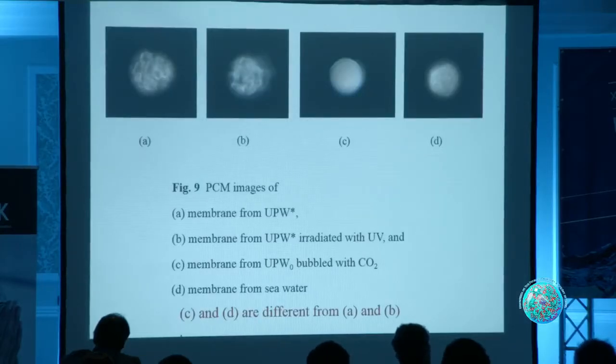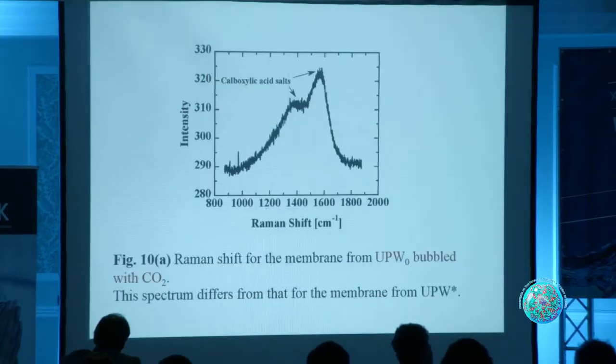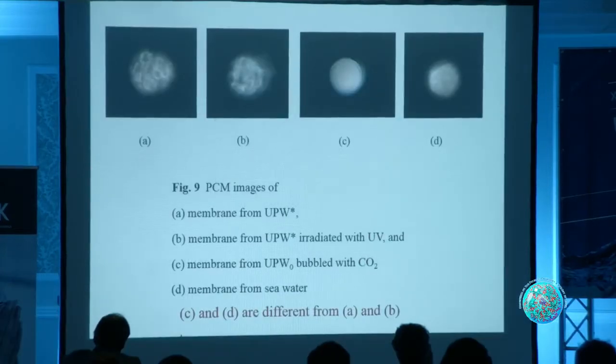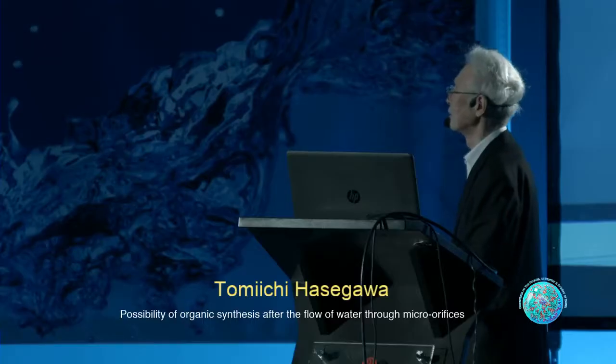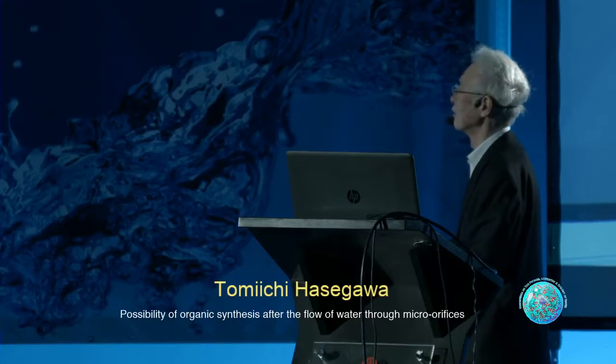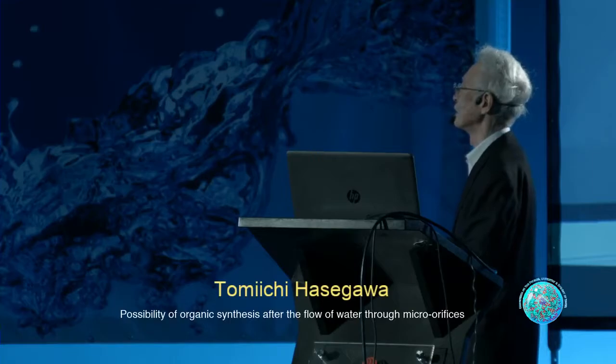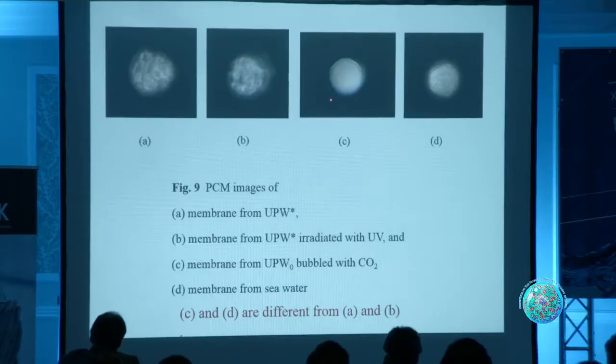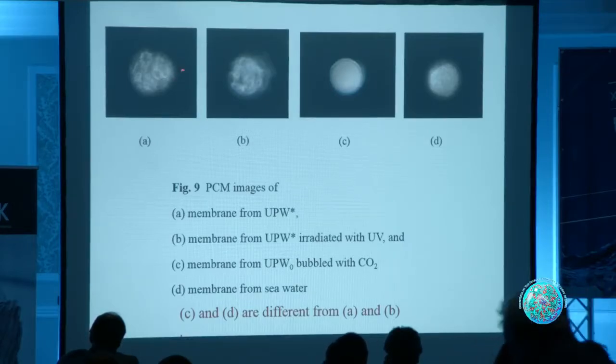This is PCM images of A, a membrane from UPW*, B, a membrane from UPW* irradiated with UV, C, a membrane from UPW0 bubbled with CO2, and D, a membrane from seawater. We see C and D are different from A and B.